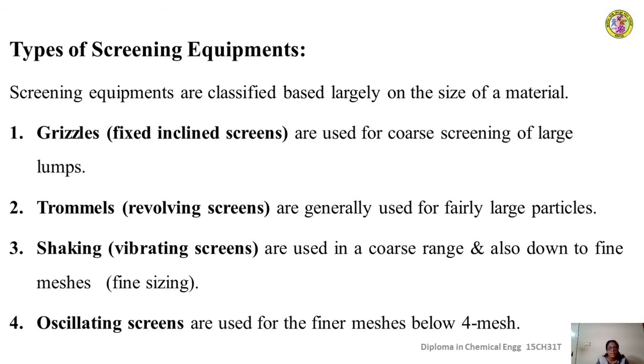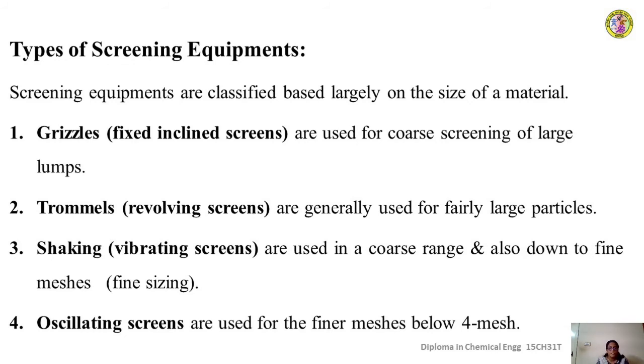Usually the material that is fed to a primary crusher will be in the form of big sized lumps. This material, before being fed to a size reduction equipment, is subjected to screening to remove any fine particles present. That is where the grizzlies have found some application.